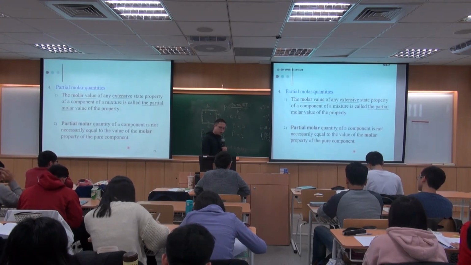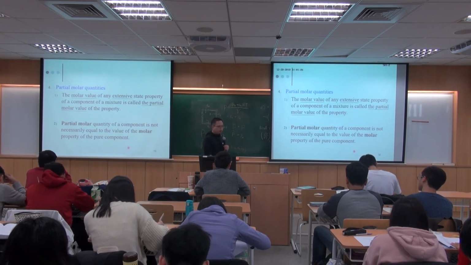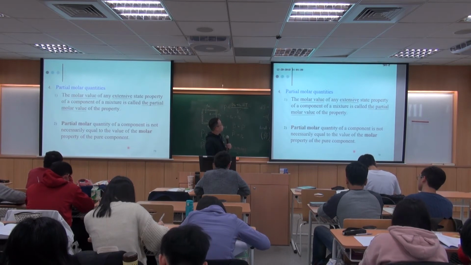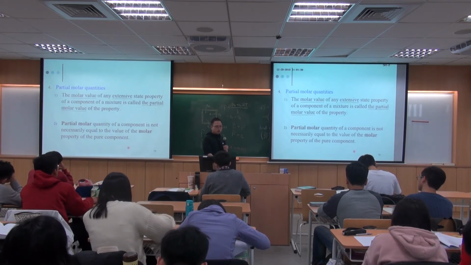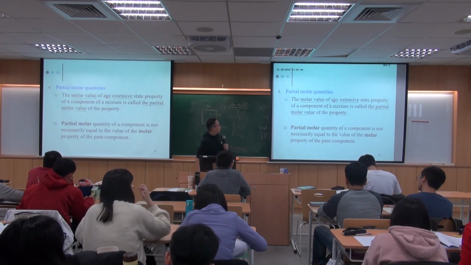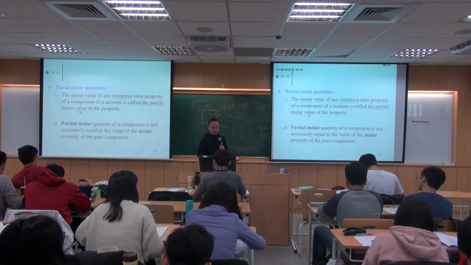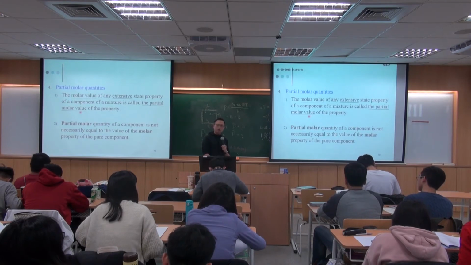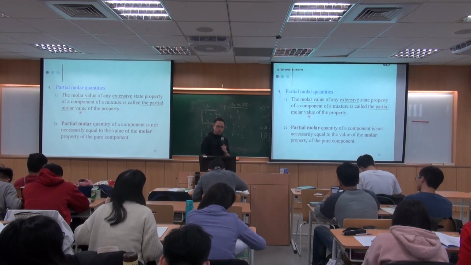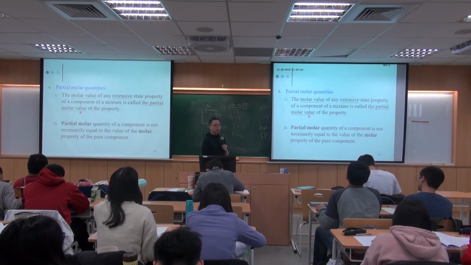And then starting from the partial pressure, we also switch gear to talk about partial molar quantities. The partial molar value means the molar value of any extensive state property of a component of a mixture. One of the examples that we saw earlier this semester is the partial molar Gibbs free energy, right?